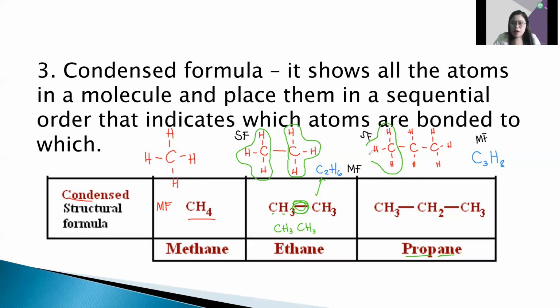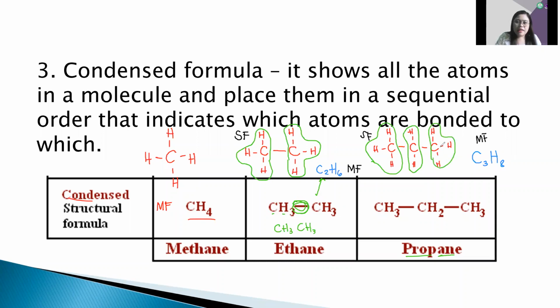So this one is group 1 because all the hydrogens are bonded with this carbon. So our groupings are based on the carbons. So we have another group here. We have 1 carbon but only 2 hydrogens bonded to it. And then we have the third group here.